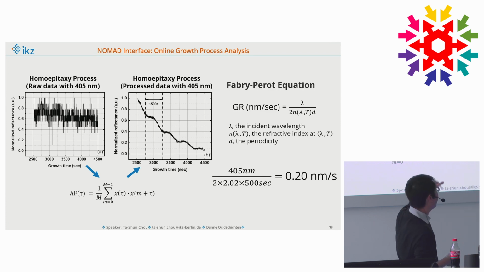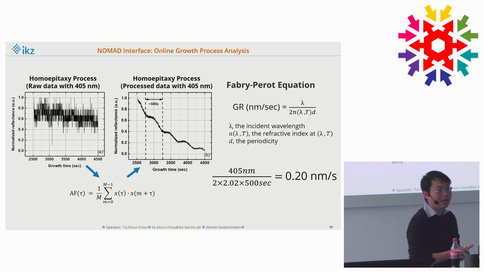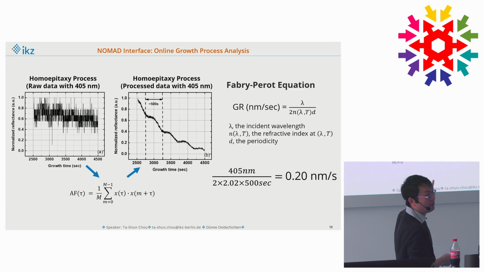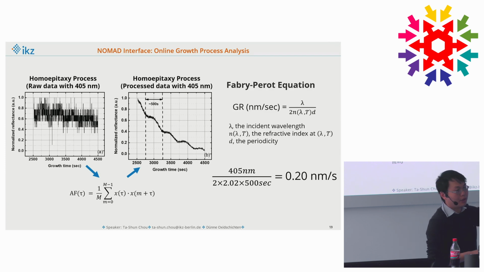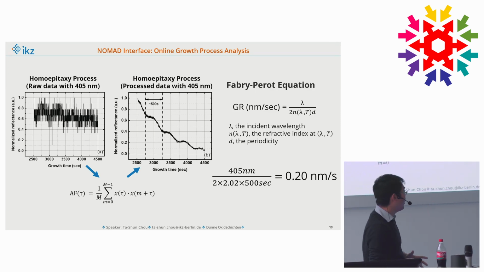Basically, you're able to calculate the growth rate during the growth, and we developed this algorithm, and with the help of the members from NOMAD, we are also able to transfer this algorithm to NOMAD OSs, and then people who are using the same equipment, same data, in the future, will be able to benefit from our development, integrated into this uniform platform.